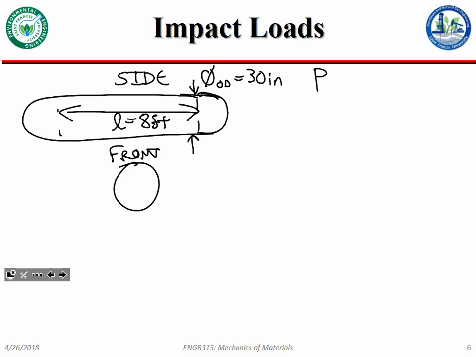Some internal pressure, 180 psi gauge. Okay. Wall thickness 3/8 inch. Okay. So I guess I could put that onto here.